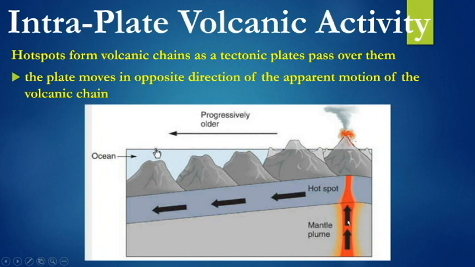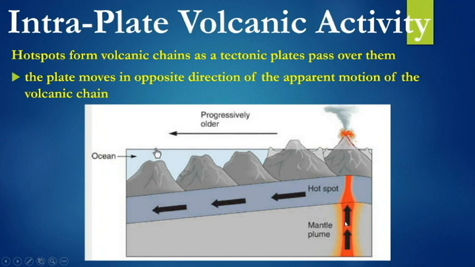The plume itself, this river of magma, does not actually move. It keeps its position. But the oceanic plate is what's moving, moving over this plume of magma.